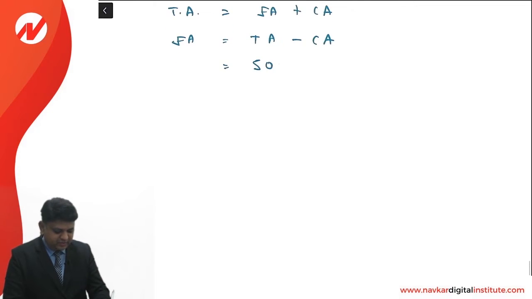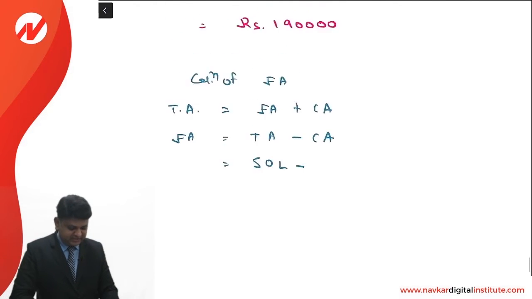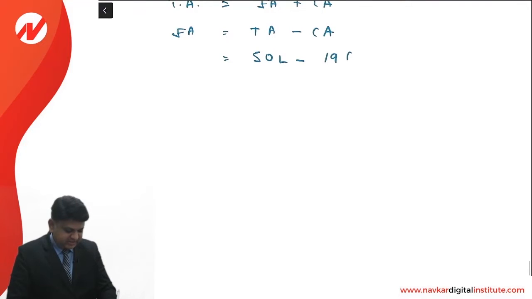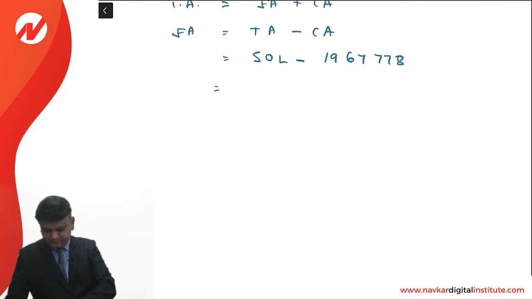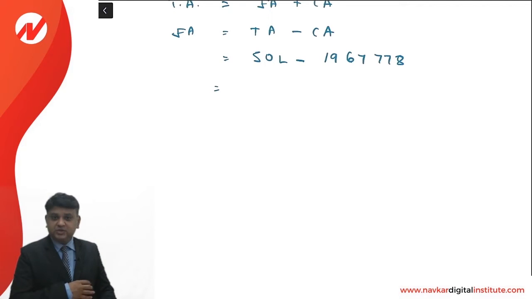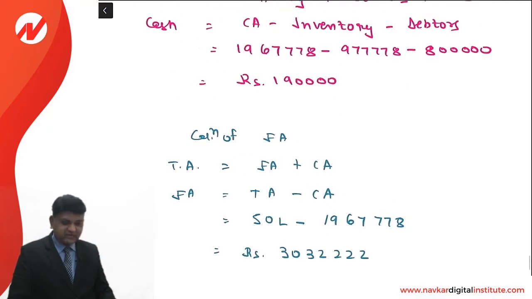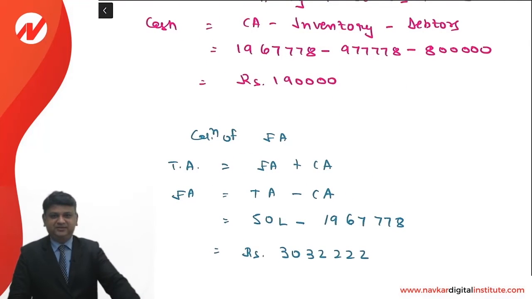Total assets will be equal to the total liabilities 50 lakhs minus current assets is 19,67,778. So it is 30,32,222. This is the way the fixed asset can be calculated.